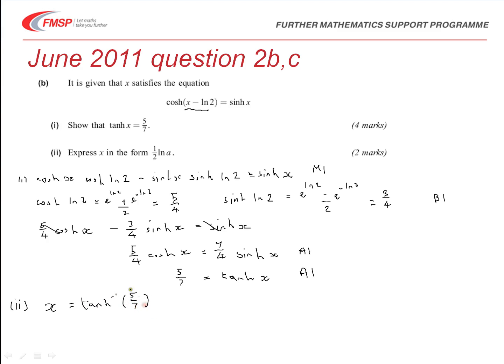And if we look up the tanh inverse, we know that it's equal to, from the formula booklet, a half ln of 1 plus x over 1 minus x, so that's 1 plus 5 over 7, over 1 minus 5 over 7, which is going to give us a half of, well, that's going to be 7 over 7 plus 5 over 7 is 12 over 7 over 7 minus 5 is 2 over 7, and 12 over 2 is going to give you 6.